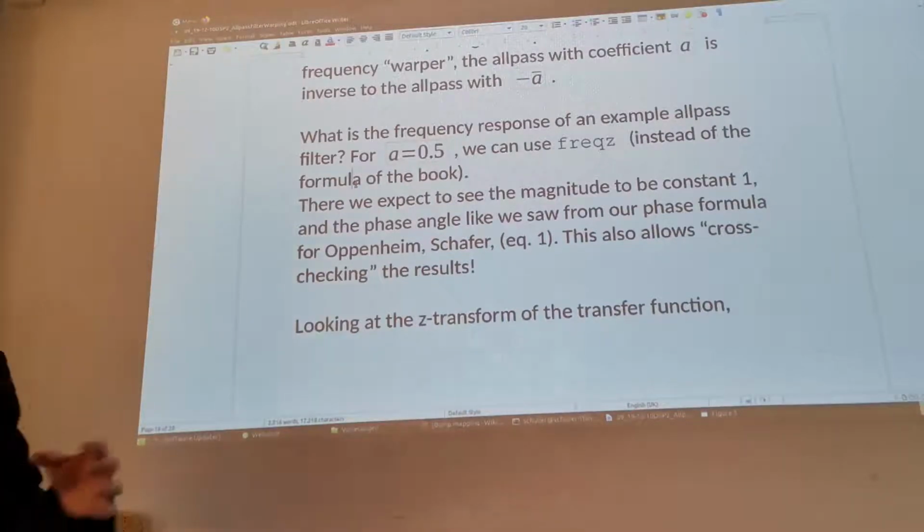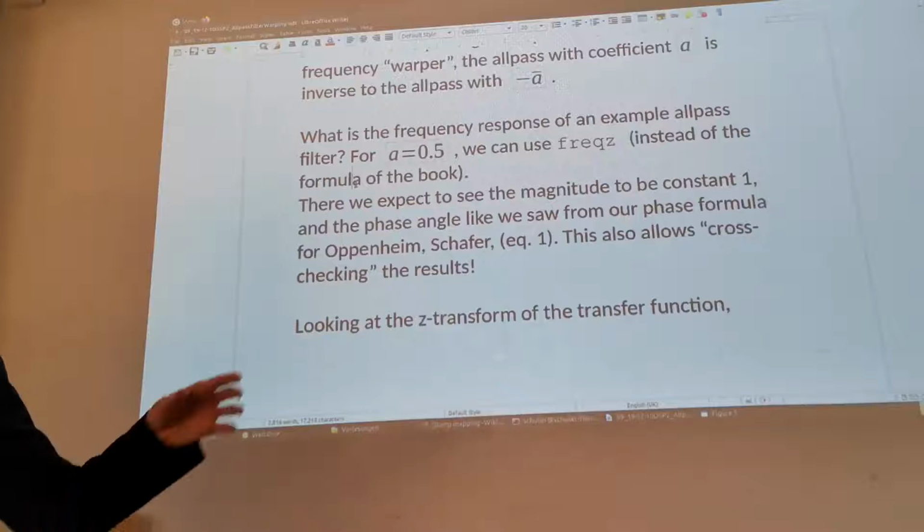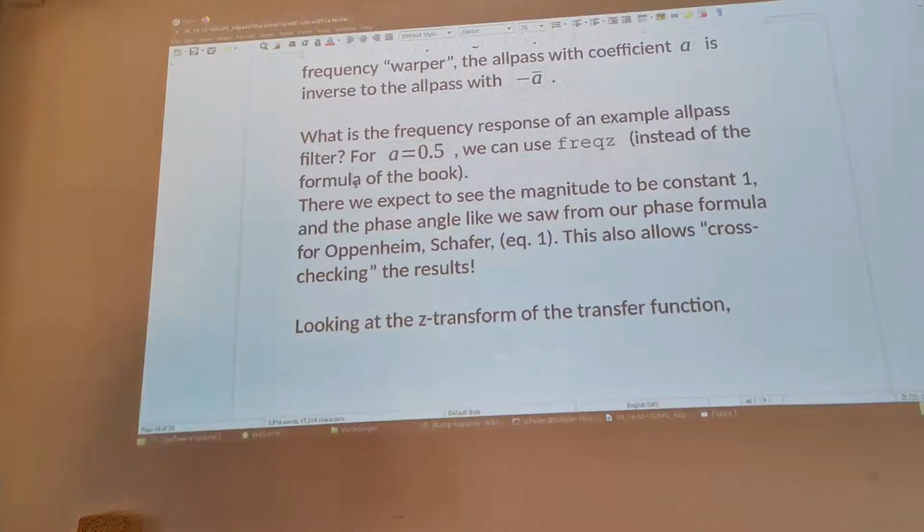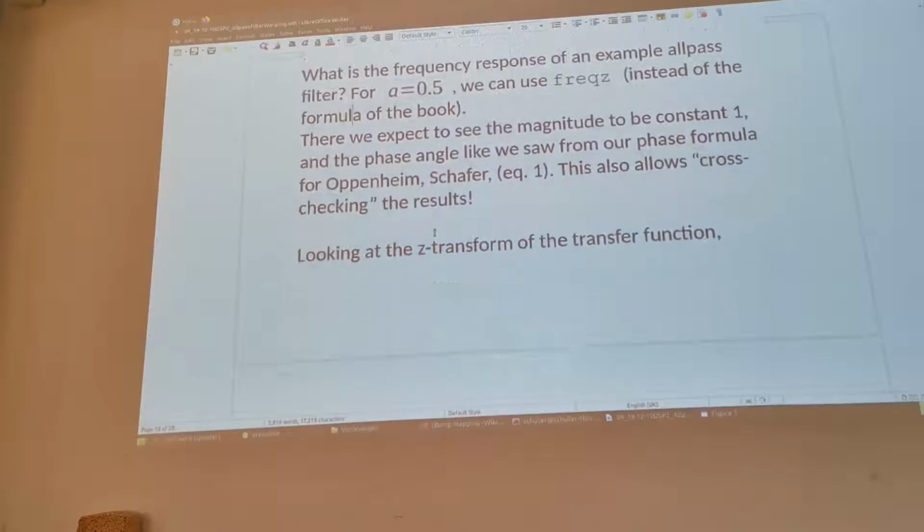Basically, the formula gives us a closed form solution. Fractional basically measures the result or computes it at different frequency bands. There we expect to see the magnitude to be constant 1 because it's an all-pass filter, and the phase angle like from our formula.